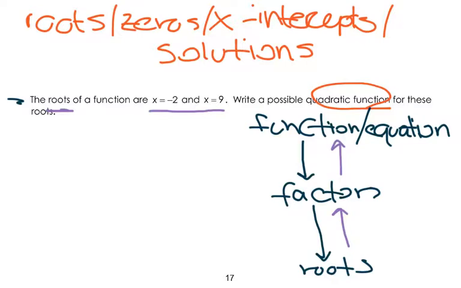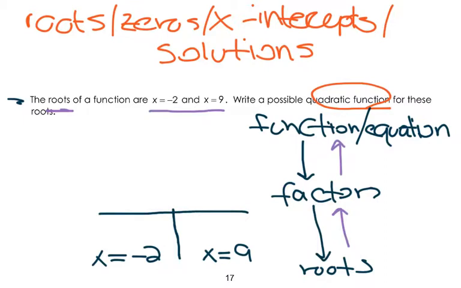So we are starting with x equals -2 and x equals 9. That would be our roots. And before our roots, we're going to get to our factors. Remember, when we get to our factors, we make that t-chart.